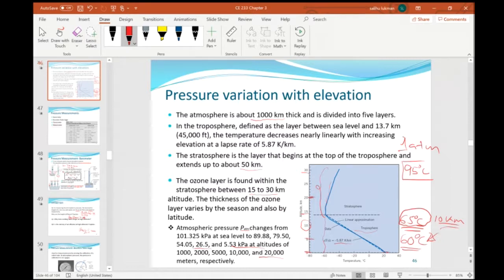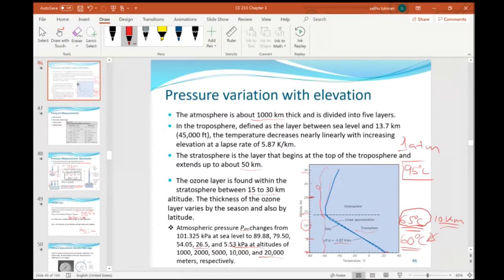Low atmospheric pressure means low density. If you have less matter, less fluid, then the density will be less, because density is mass over volume. So the mass has reduced, and if the mass has reduced, definitely the density will reduce.